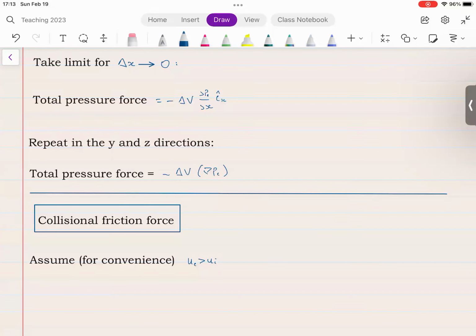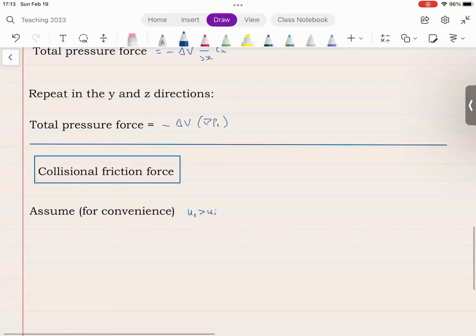I paused for a moment to decide how deep to go into this. We don't have time to go deep at all. We'll have to take it as a reasonable result that the drag force is going to have this expression.